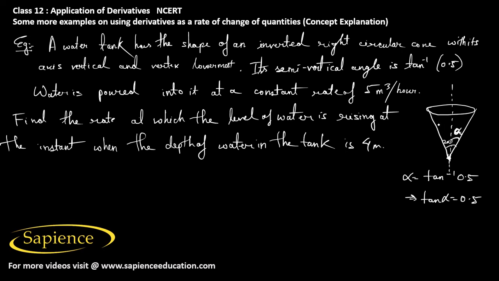So let's say the height of the cone is small h, and the radius of the cone is small r, and it's told that water is poured.